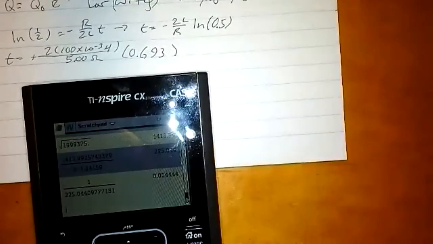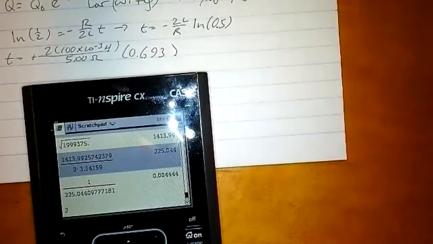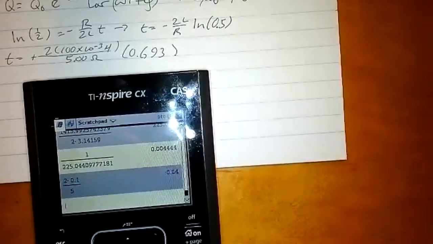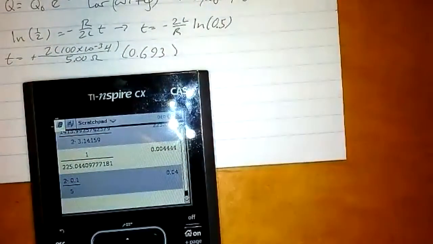So 2 times 100 e to the negative 3 divided by 5, that's that multiplier. And now I have to multiply that by the ln of 2, so I'll say times natural log 2.